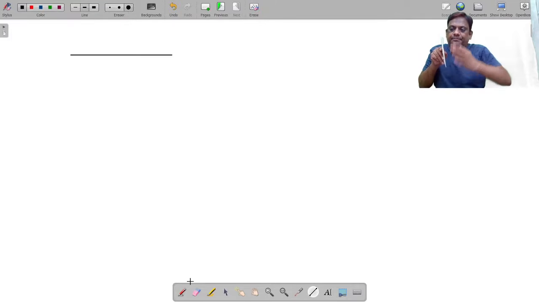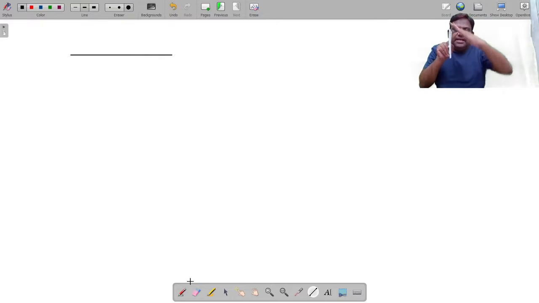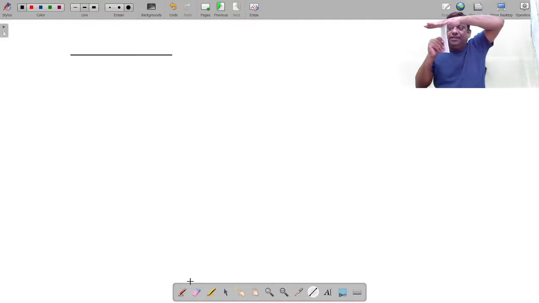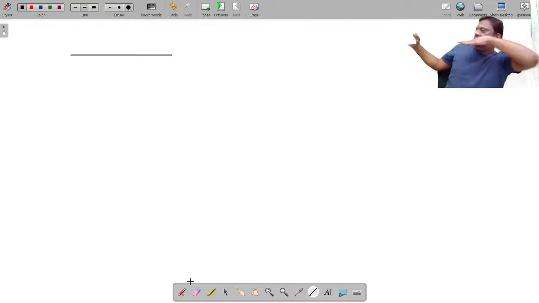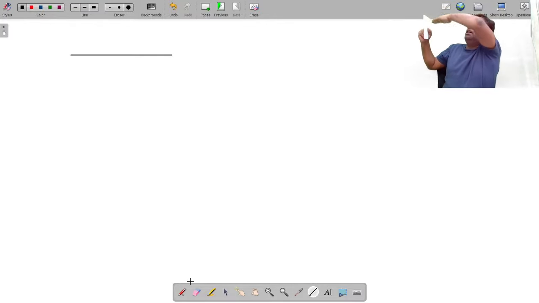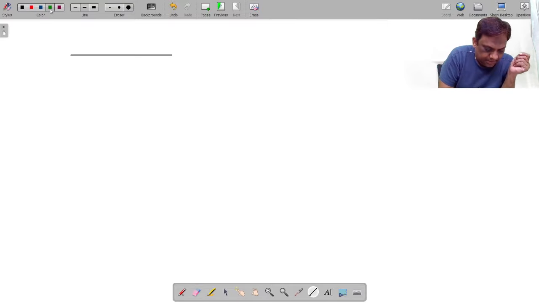This is the bottom edge. So it's not kept like this. It is kept like this. And there is a fluid this side. The top edge is coinciding with the free surface. And if you see from this side, this is the free surface, and the top edge is coinciding. Okay. Take a rectangle.